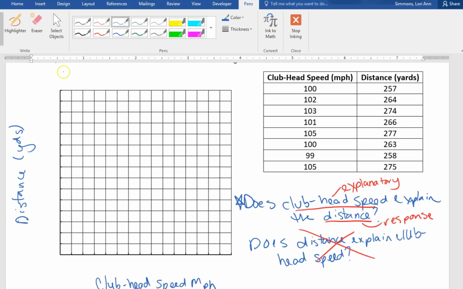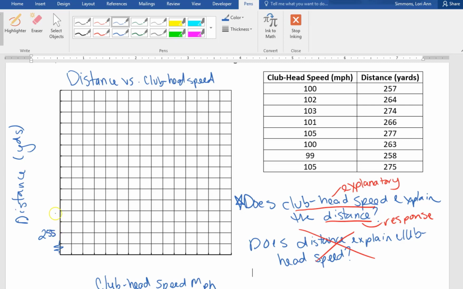Then we can label this. We can say distance versus club head speed. And then we can label the vertical and horizontal. So let's look at the vertical. We can see we're going from about 250s to about the high 270s. So we're going to put a break in here. And then I'm going to start at 255.